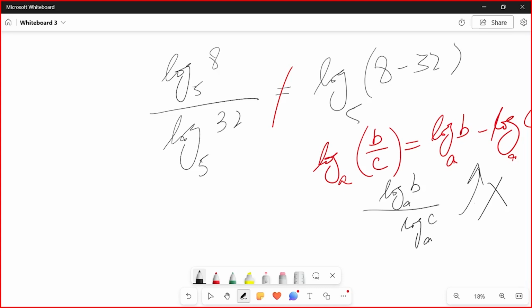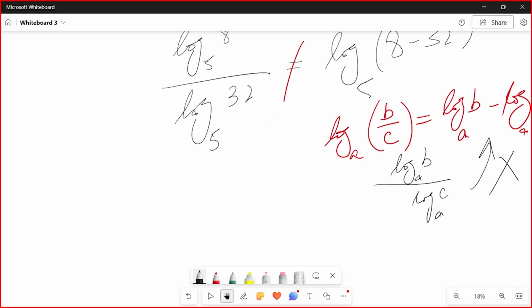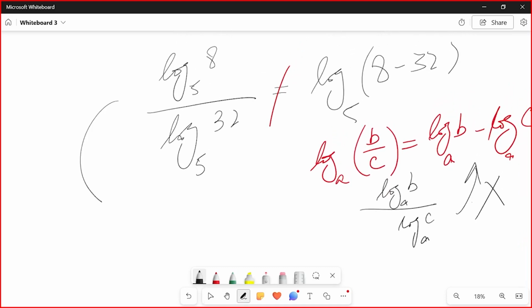So what we can do, the hint is the same which I gave you in the previous question. We try to either make the base equal or we may try to make the logarithm equal. From here we see 2 raised to the power 3 is 8, and also 32 could be a power of 2.